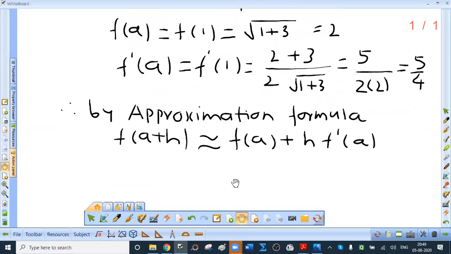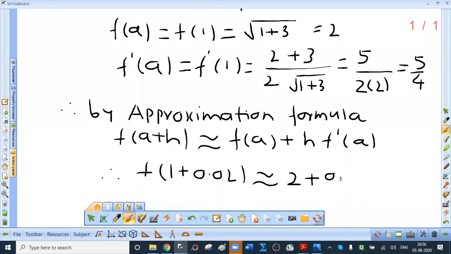Substitute the values. So f(1 + 0.02) is approximately what? This is 2 + 0.02 into 5 by 4.